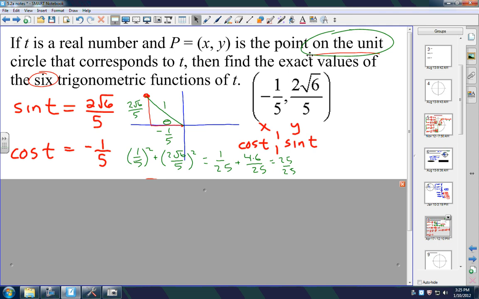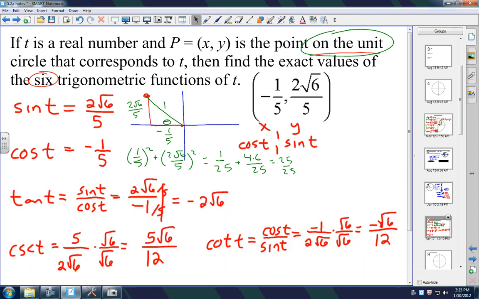Because that's the case, we can say sine and cosine are the values from the x and the y. But if you went to your triangle, which I always encourage you to go to first, you'll get the same thing. So you go to your triangle and you want to do a sine, opposite over hypotenuse, and it's right there.